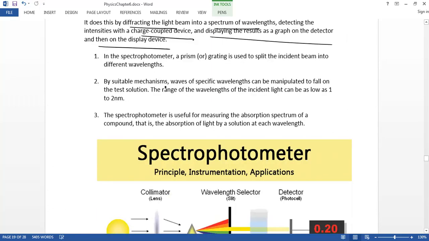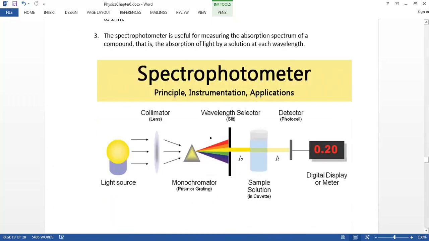So let us see one by one. In a spectrophotometer, a prism is used to split the incident beam into different wavelengths. When white light falls on this prism, it is split into multiple colors, that is VIBGYOR.